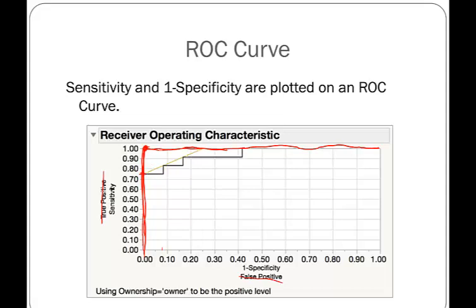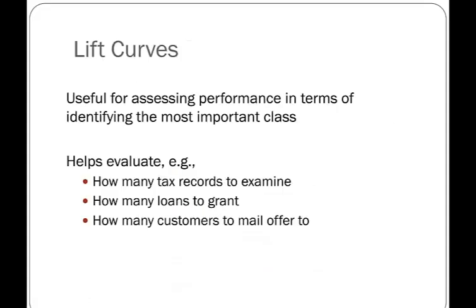This is actually a tool that can be used to compare different models, and you can look at the ROC curves for competing models, and the one that's closest to the ideal is going to be the best fitting model. Lift and lift curves are very useful tools for identifying the most important class.